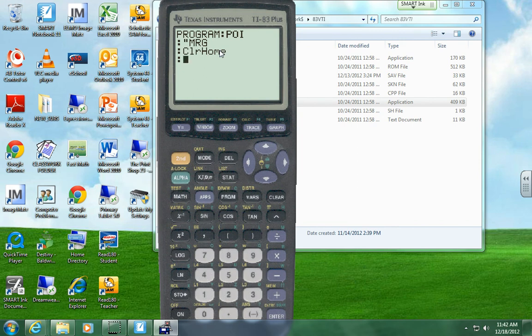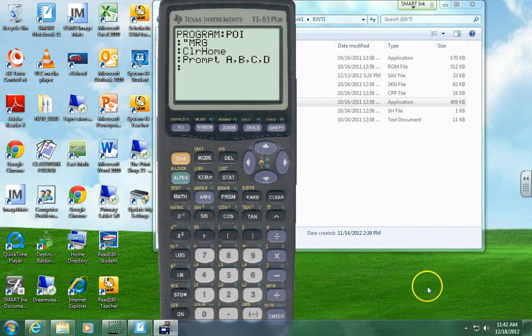We figured out the slope between the point AB and CD, right? Now it's the line Y equals AX plus B, and the other line Y equals CX plus D. I should really put that in a comment here, but I really don't have room, so I'm not going to. So program IO prompt, and it's alpha A, comma, alpha B, comma, alpha C, comma, alpha D.